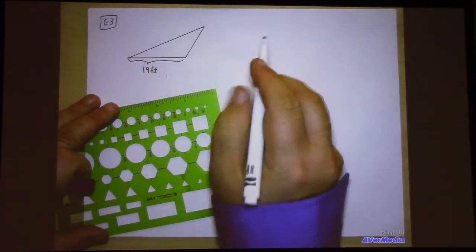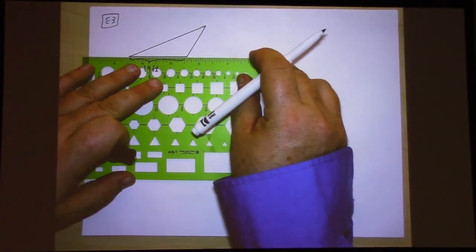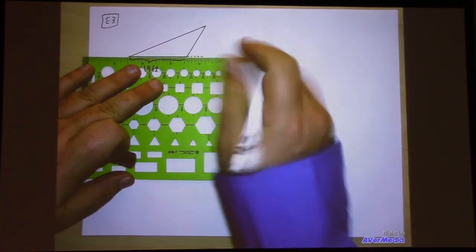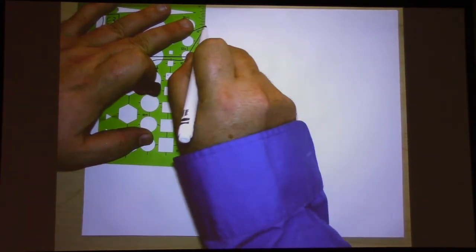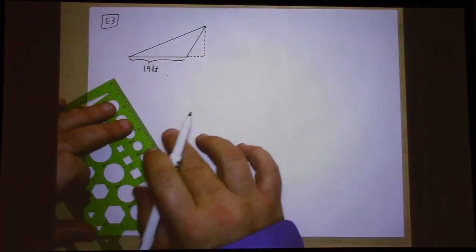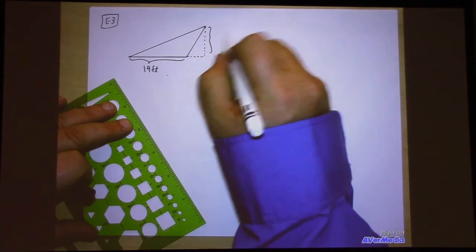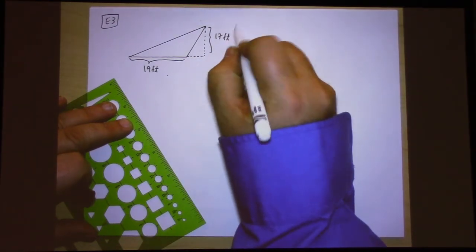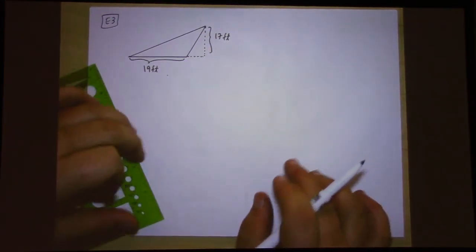If you drop that down perpendicularly like this, the base is 19 feet and the height is 17 feet. And then we're asked to find the area of the triangle.